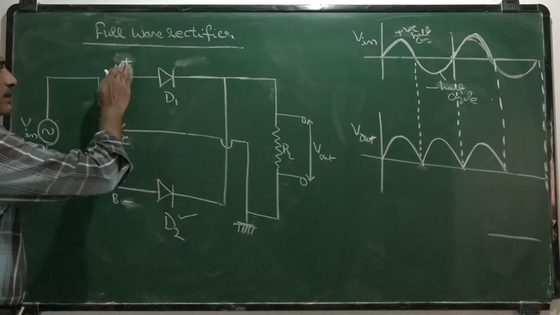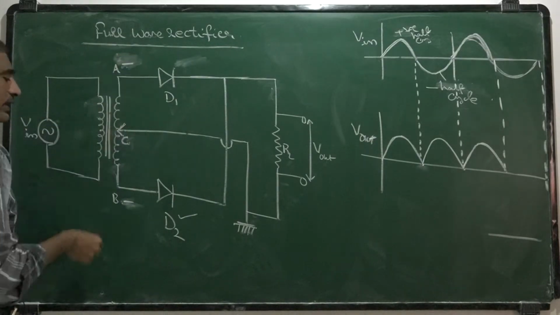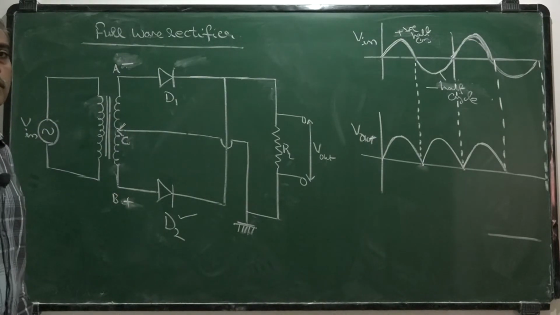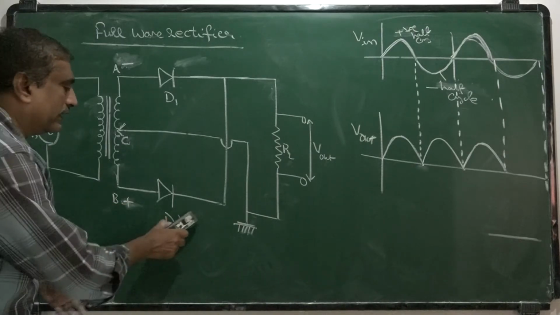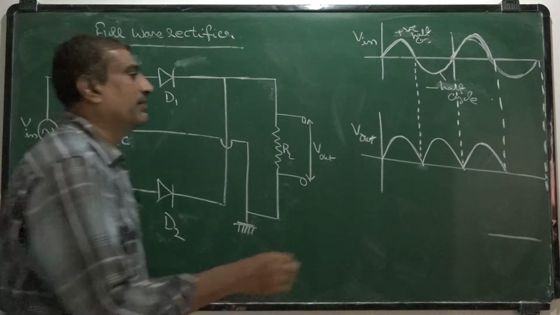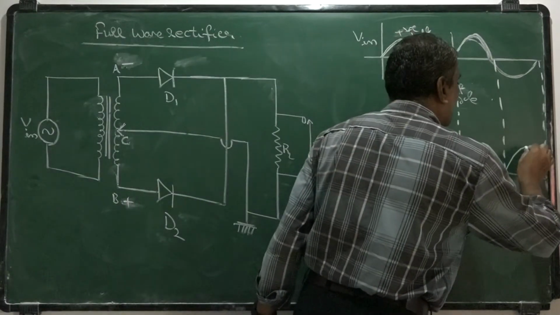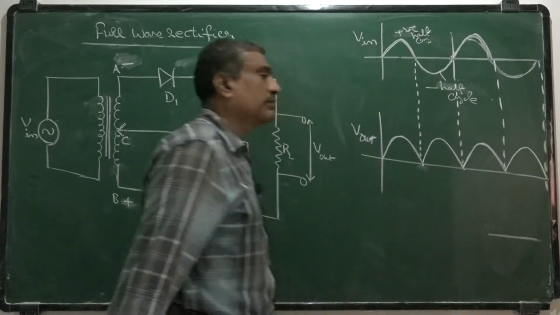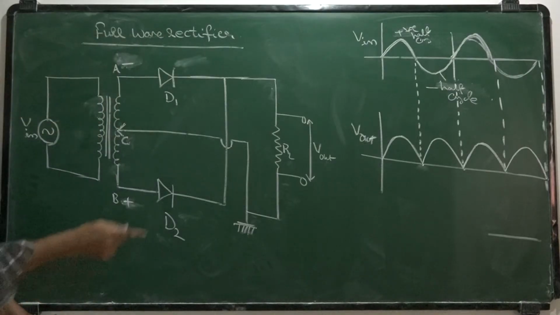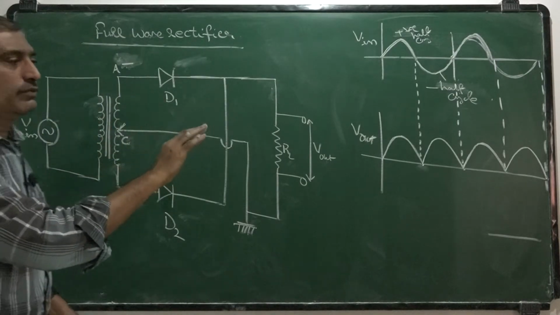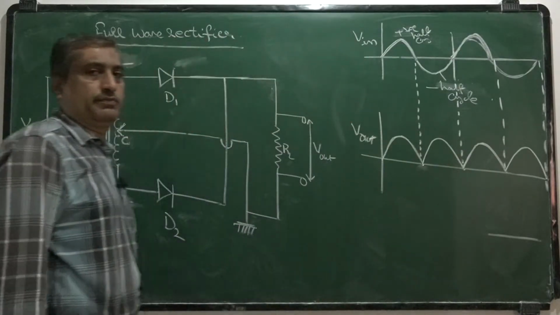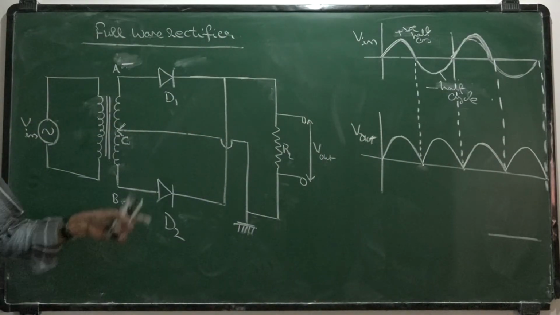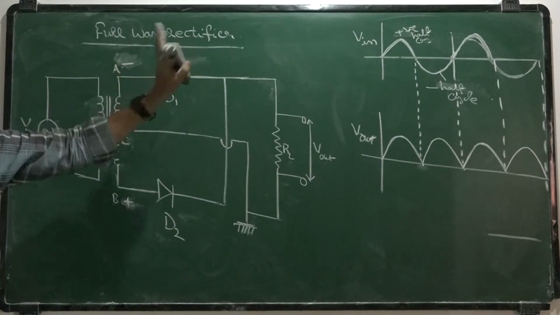In the next half cycle, A becomes negative, B becomes positive, D2 is in forward bias and D1 is in reverse bias, so we get another output like this. So the full cycle is rectified like this. So it is called full wave rectification.